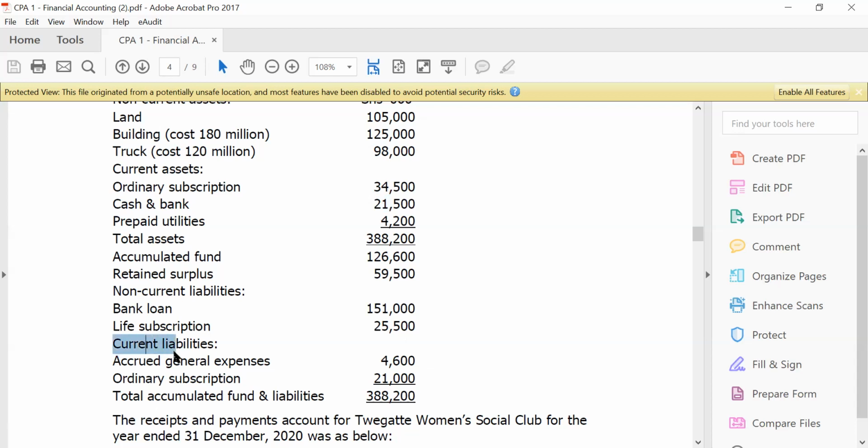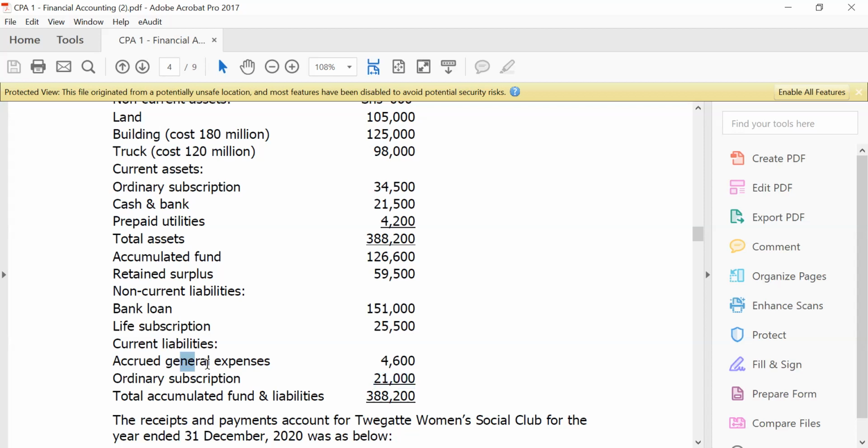And then under current liabilities, we have what we call accrued general expenses, which is 4,600. Then we have what we call ordinary subscriptions, which is 21,000.